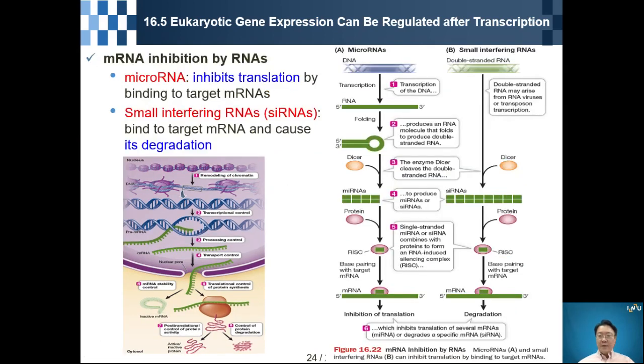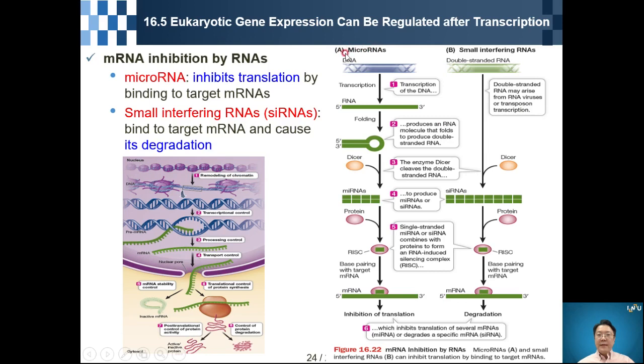In this slide, I will explain how eukaryotic gene expression can be regulated after transcription. There is another case, which we call mRNA inhibition by RNA interference. There are two cases. The first is done by microRNA. The other is done by small interfering RNAs, siRNAs. Let me show you one example, microRNA.